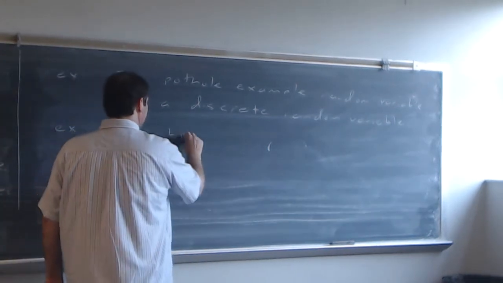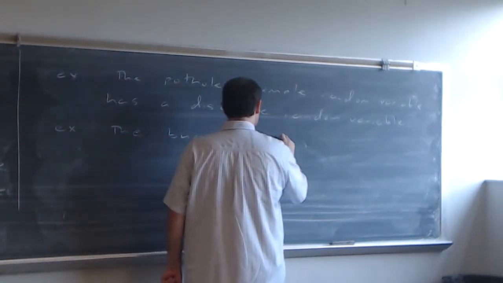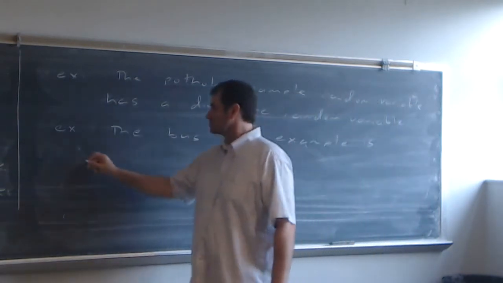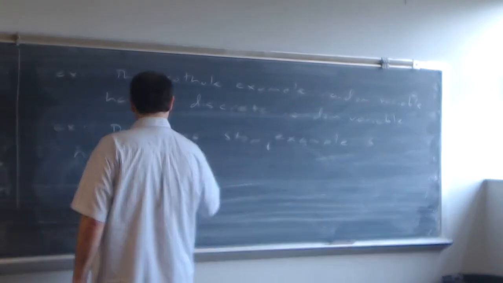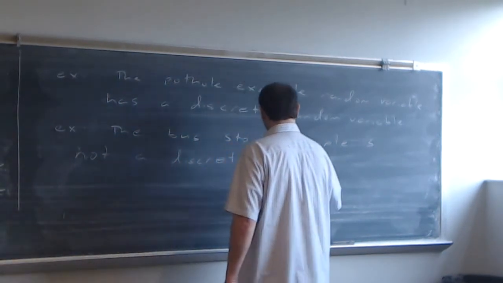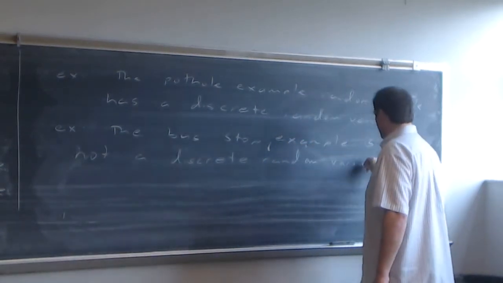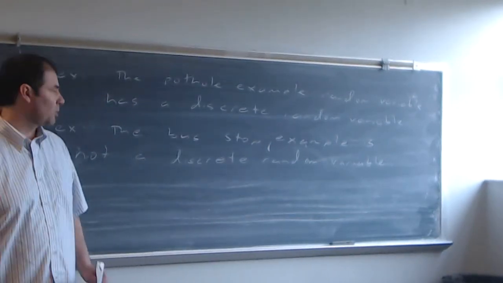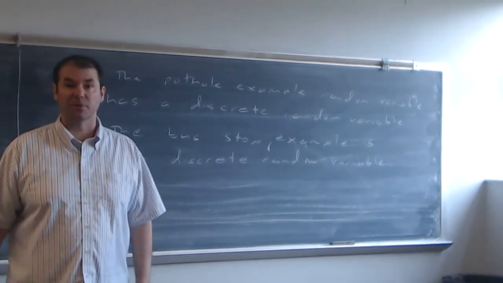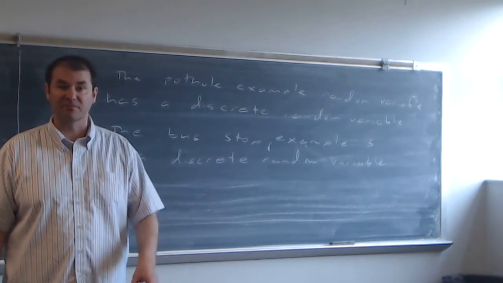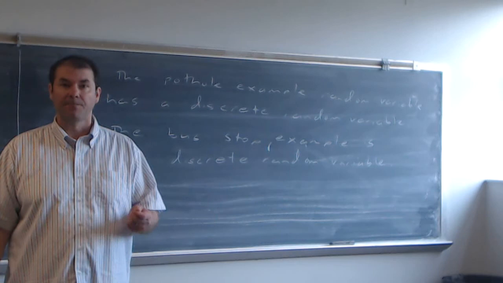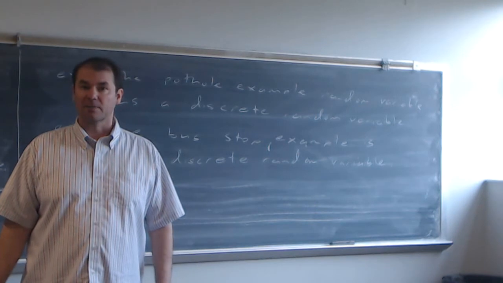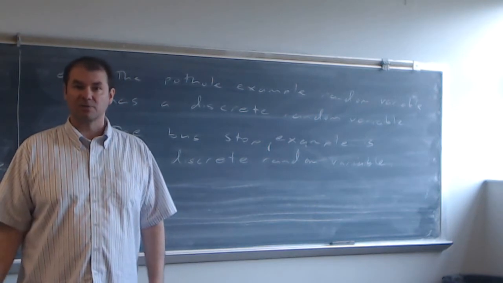The bus stop example is not a discrete random variable. Every possible number between 0 and 30 is a possible output value for that random variable, at the time that the person shows up between 5 and 5:30. And remember, we were talking about any instant. Because of that, we're not just talking about integers, we're talking about rational and irrational numbers as output values.